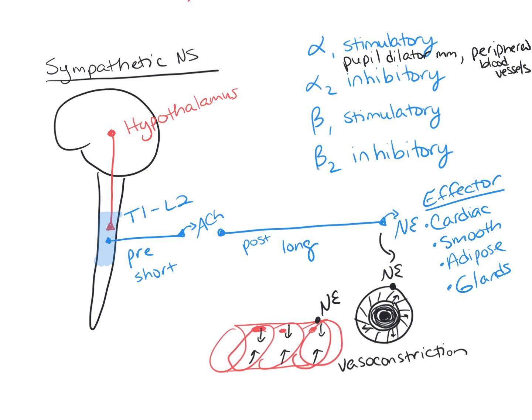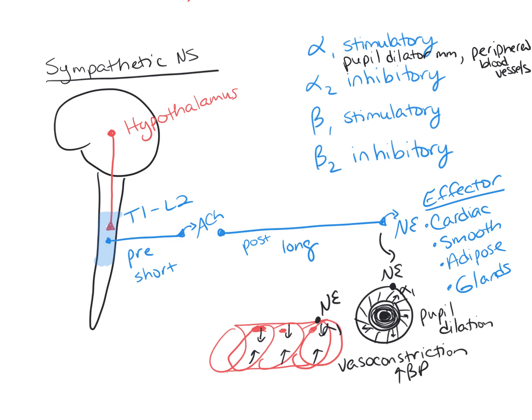Those are two very common areas where an alpha-1 receptor is found. So the smooth muscle has an alpha-1 receptor, and the dilator muscle of the pupil has an alpha-1 receptor. When they bind, it's stimulatory. Alpha-1 is a stimulatory receptor, and those smooth muscles contract, causing pupil dilation, as well as vasoconstriction of the blood vessel. And vasoconstriction of a blood vessel will increase blood pressure.